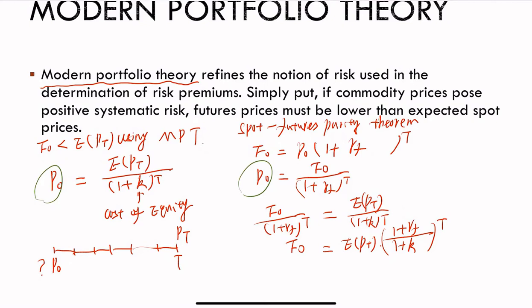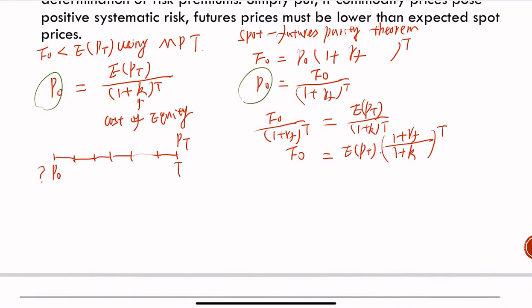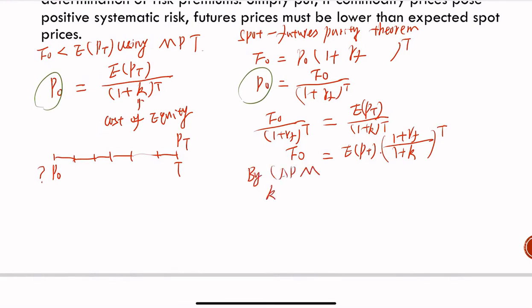If you cannot remember CAPM, K, the cost of equity, equals RF plus beta times the expected market risk premium, that is the market return minus the risk-free rate. So this has to be larger than RF.